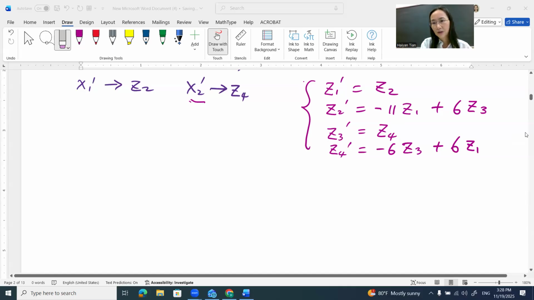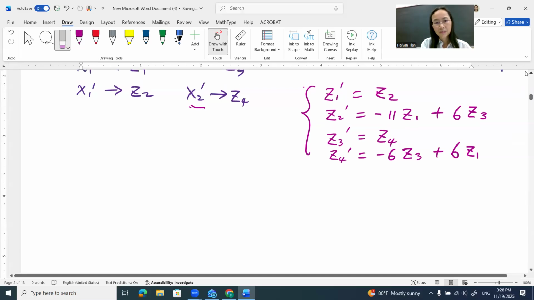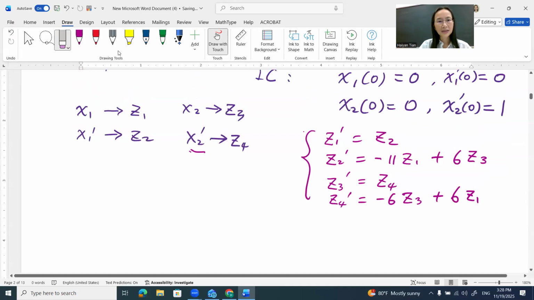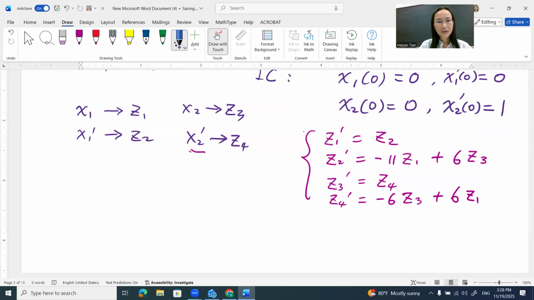From our rename process, we can see clearly that Z1 is the same as X1, which is the displacement of the first object.